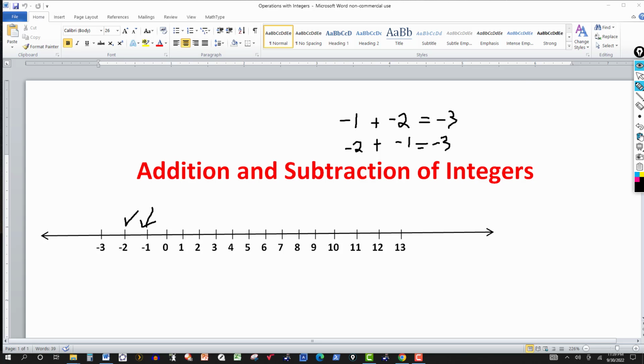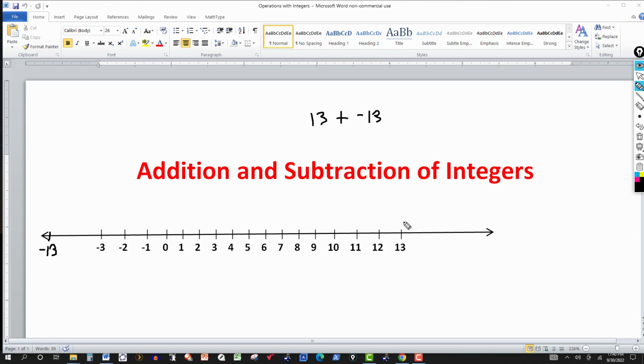So let's do this now. Let's clear this. So notice I have positive 13 over here on the right. And over here somewhere, I don't have enough space, so I'm just going to say over here somewhere is a -13. So suppose I have 13 add -13. Again, I can start anywhere on this one.